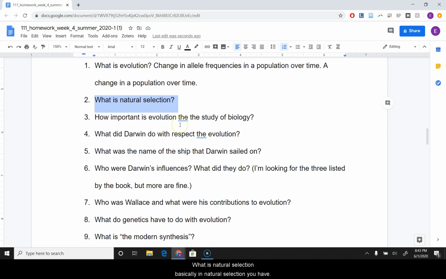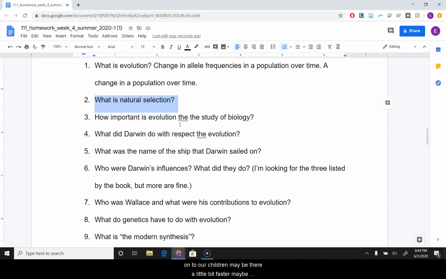What is natural selection? Basically, in natural selection, you have a group wherein there isn't enough resources for every single organism to have some. Not all individuals can survive in natural selection. And then you have some heritable characteristic. You have something that a mother can pass on to her children, or a mother and father can pass on to their children.